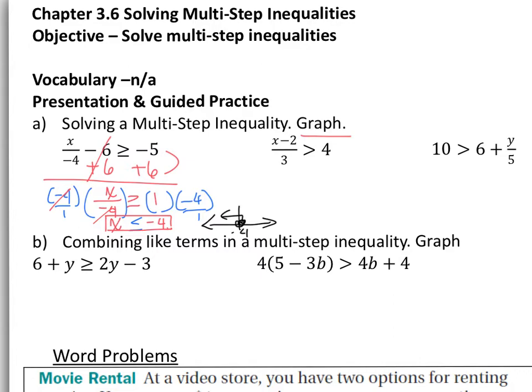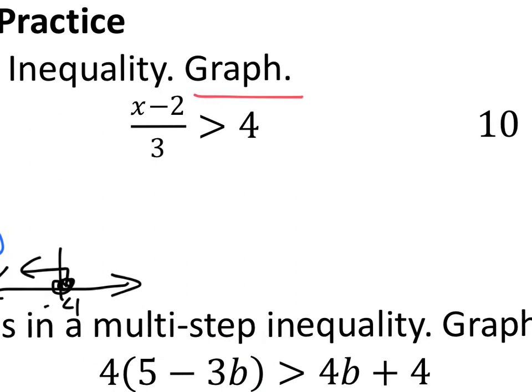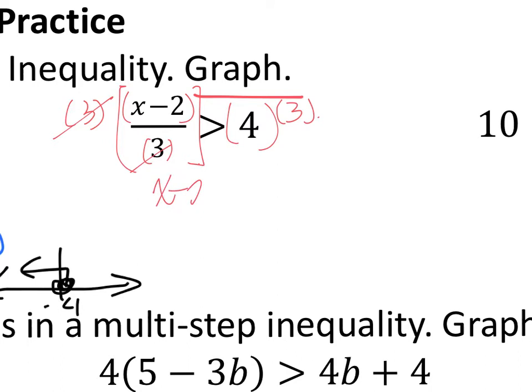Okay, let's do the next one. Now, this is the numerator and this is the denominator. Therefore, I need to multiply both sides by 3, which is the reciprocal of 1 over 3. Cancel it out and bring down x minus 2, which is greater than 12.